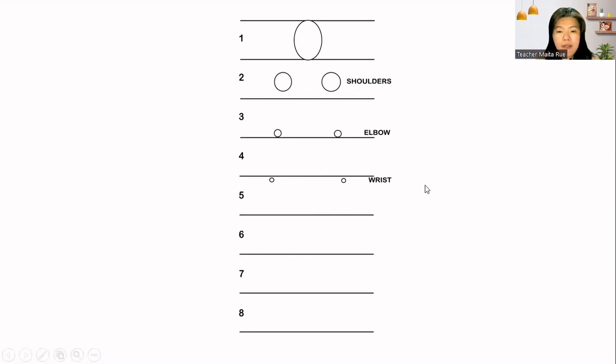Now, after you have this, we're going to connect this and this, and then we're going to make a trapezoid like this. Now, this is your torso. Your navel should be in the middle of the fourth space. See, your navel should be around here. It's not exactly there, but it should be around there.